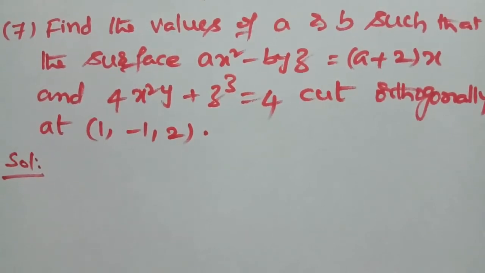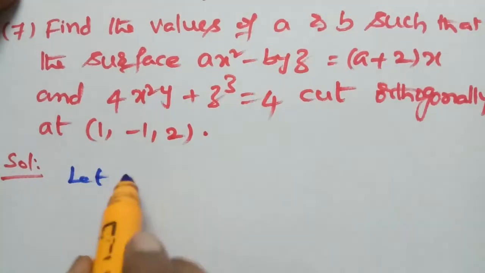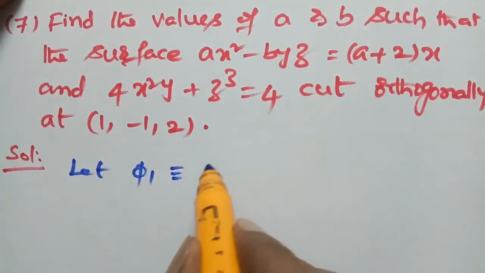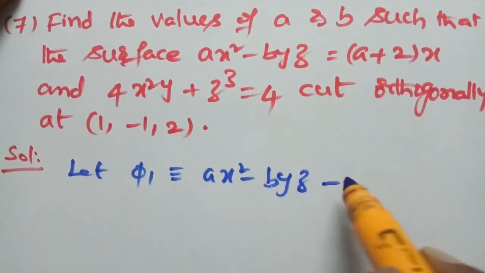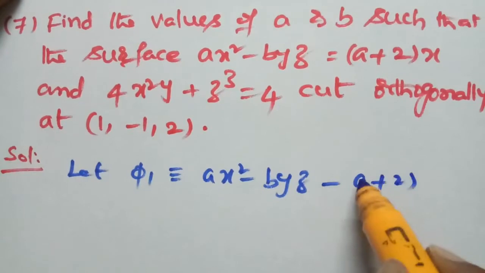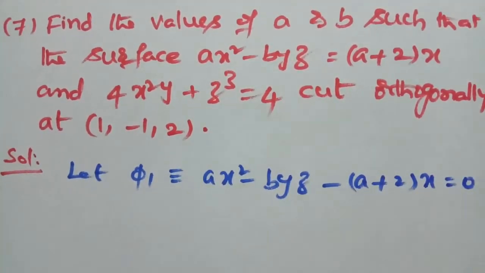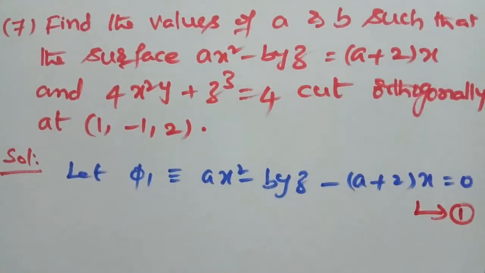First write down the given surfaces. Let phi 1 equal ax square minus byz minus (a plus 2) into x is equal to 0. Say this is equation number 1.